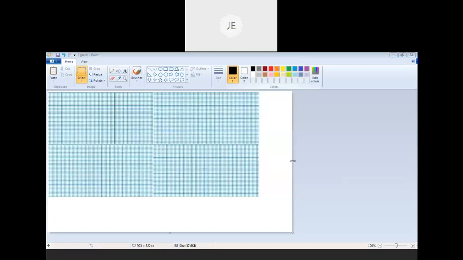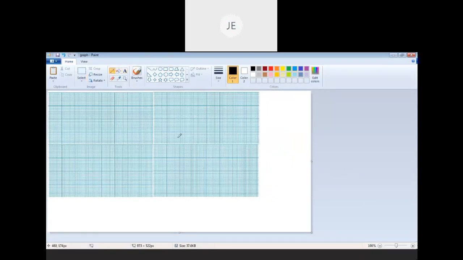Okay, can you give me an example? Sir, x-axis and y-axis, first we have to draw that. Okay, very good.